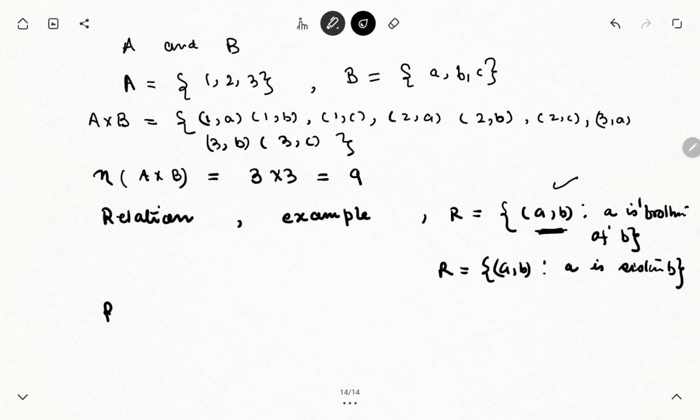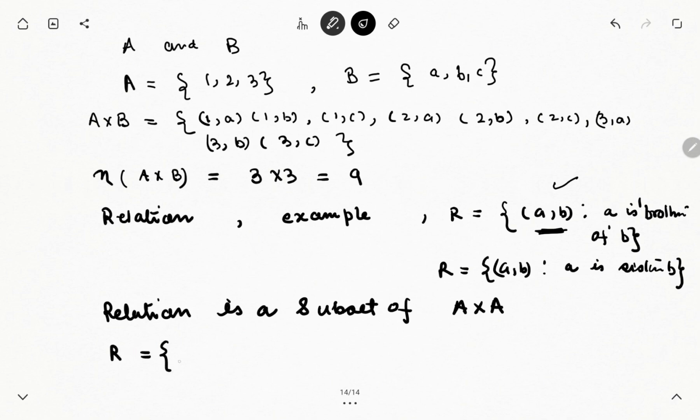So this means the relation is a subset of A cross A. Okay? Example, I am defining R, how they are related: AB such that A minus B equals 10.